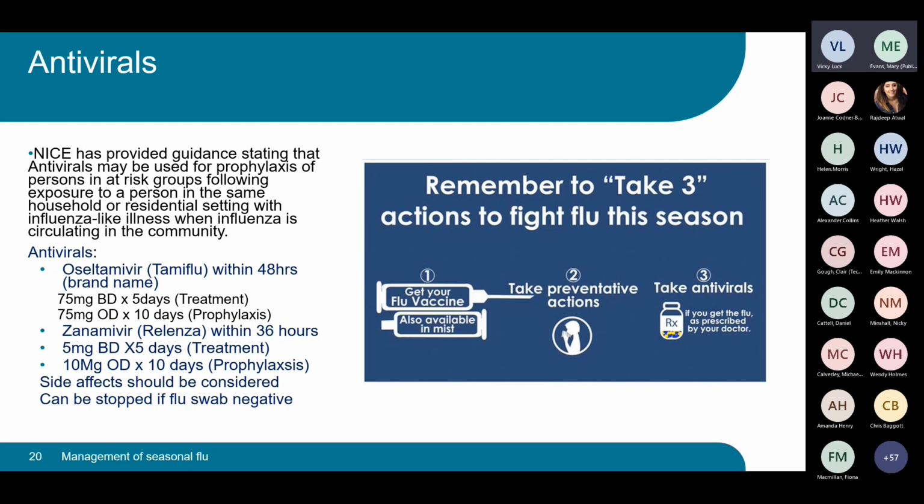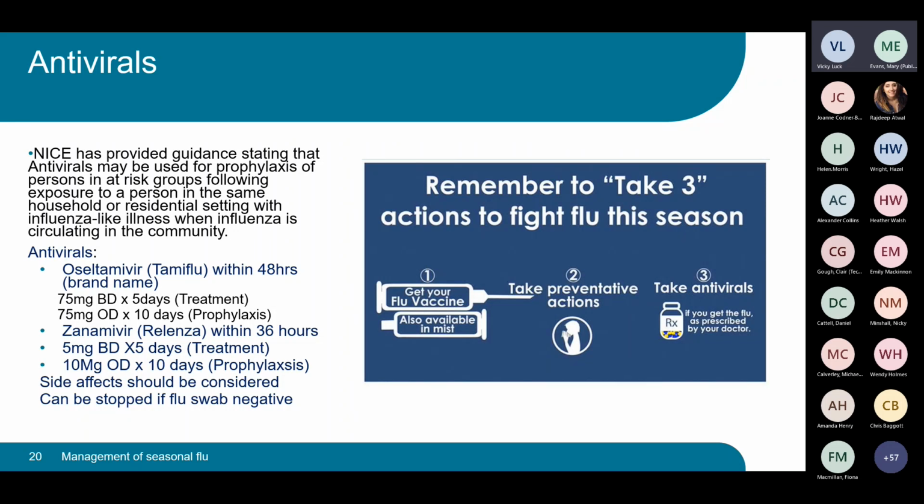There are generally two types of antivirals that are prescribed. I'm going to use the brand names because they're far easier to say. So we've got your Tamiflu, which is 75 milligrams twice a day for 5 days as your treatment dose, and your prophylaxis dose of 75 milligrams once a day, but for 10 days.